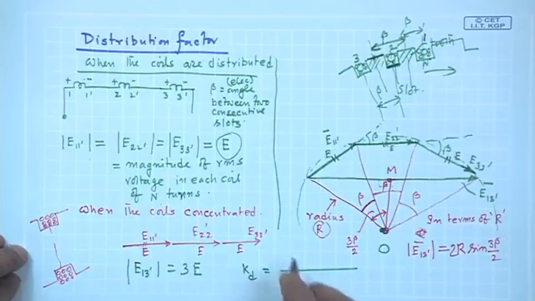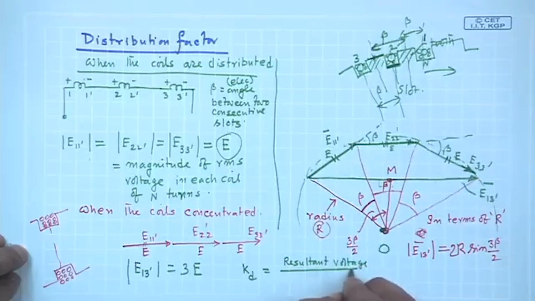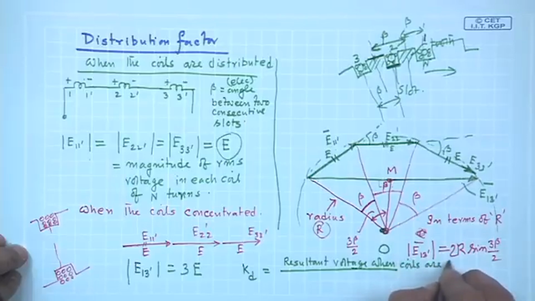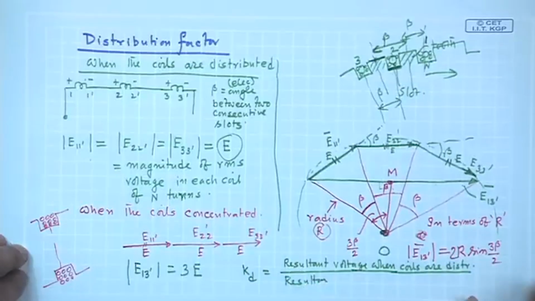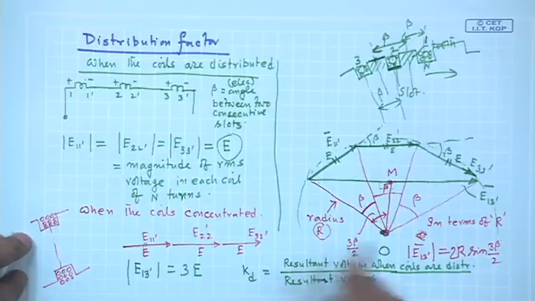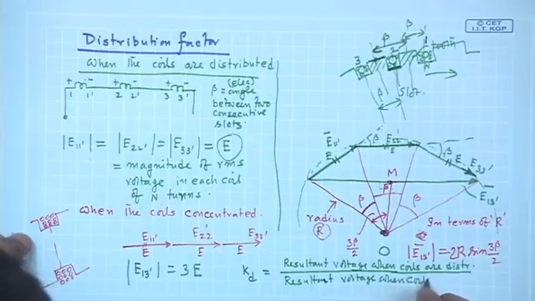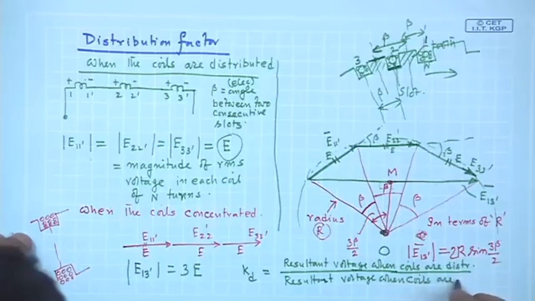It is the resultant voltage when coils are distributed, divided by the resultant voltage magnitude when coils are concentrated, same number of turns concentrated.